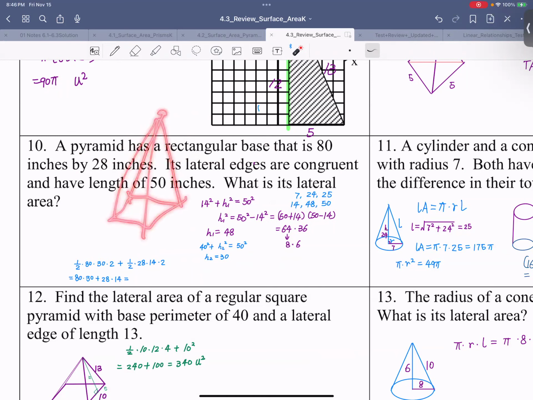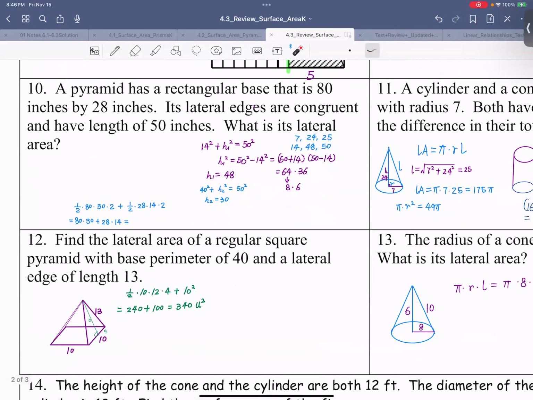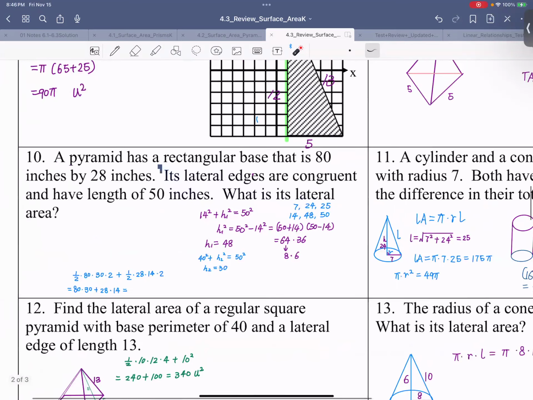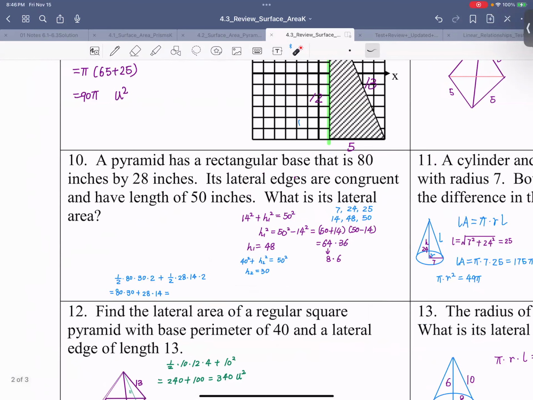Then you might wonder what is a lateral edge. That's called the lateral edge. All of this is called a lateral edge. First, draw it and mark it. Draw the rectangular pyramid. Draw the slant height. Draw the altitude. And try to solve the right triangle to figure it out.